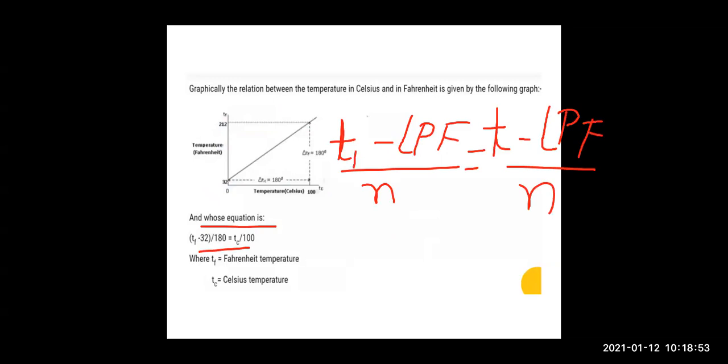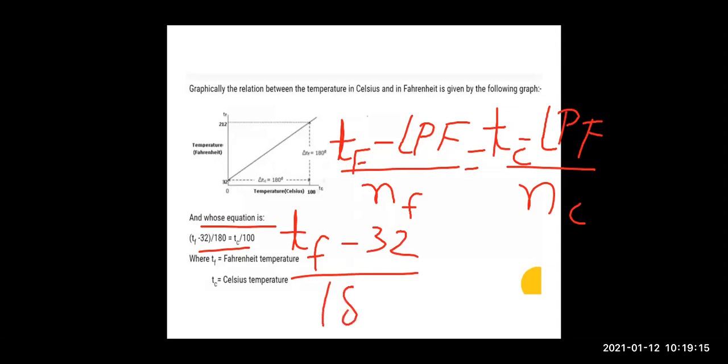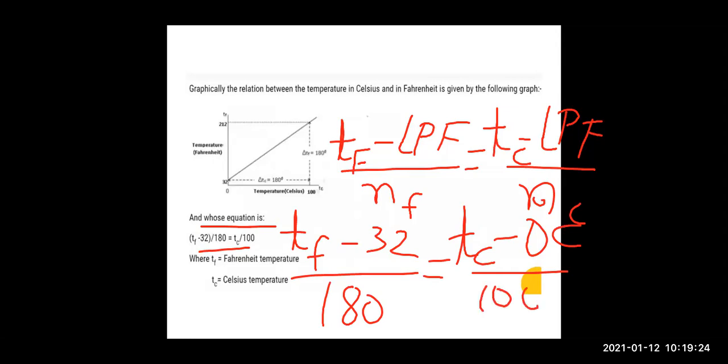So for Fahrenheit we write F, here we write centigrade. So temperature in Fahrenheit, TF, minus the lower fixed point of Fahrenheit, which is 32, upon the total number of divisions on Fahrenheit, 180, equal to temperature in Celsius minus the lower fixed point of Celsius, 0 degree, upon total divisions, 100, okay?